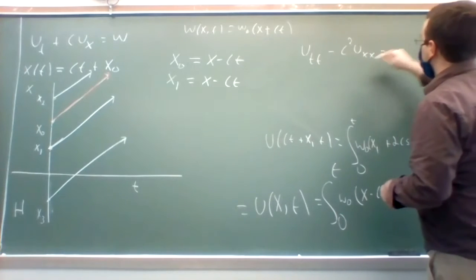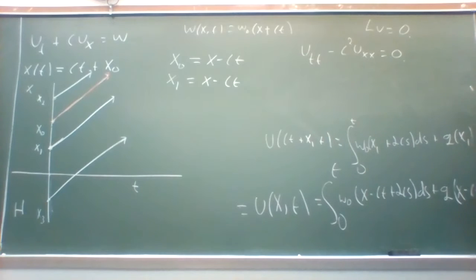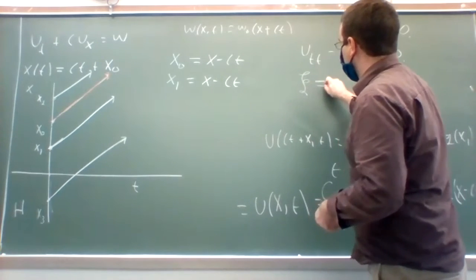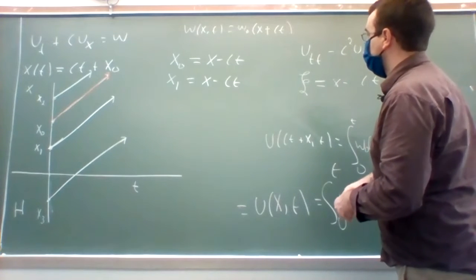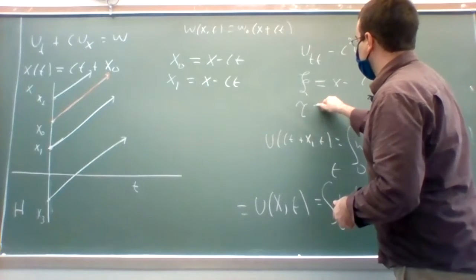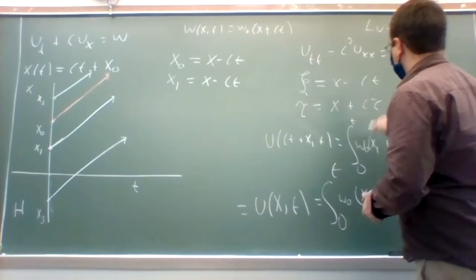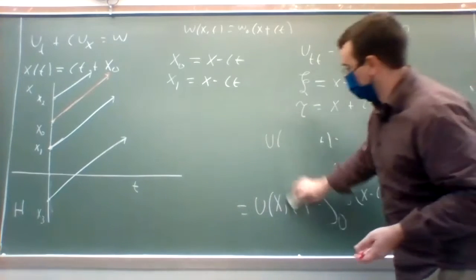Well, we write LU equals 0, and then we factor operator L. But if you wanted to, say, make a coordinate change, say xi equals x minus ct, and tau equals x plus ct, I'll leave this as an exercise.